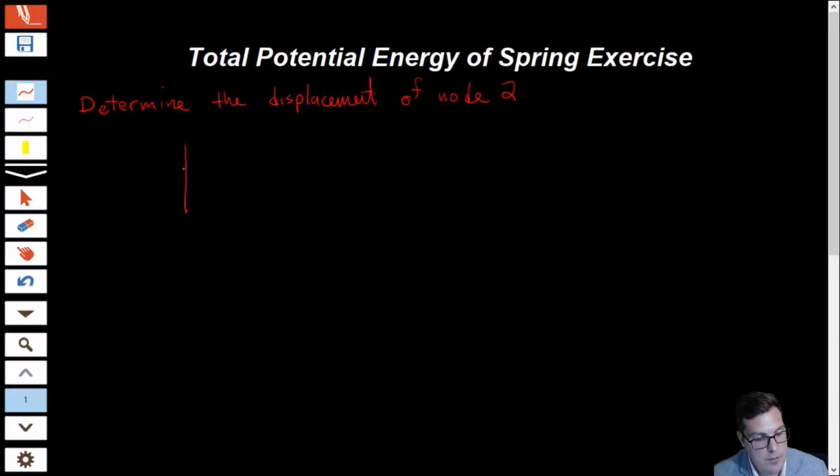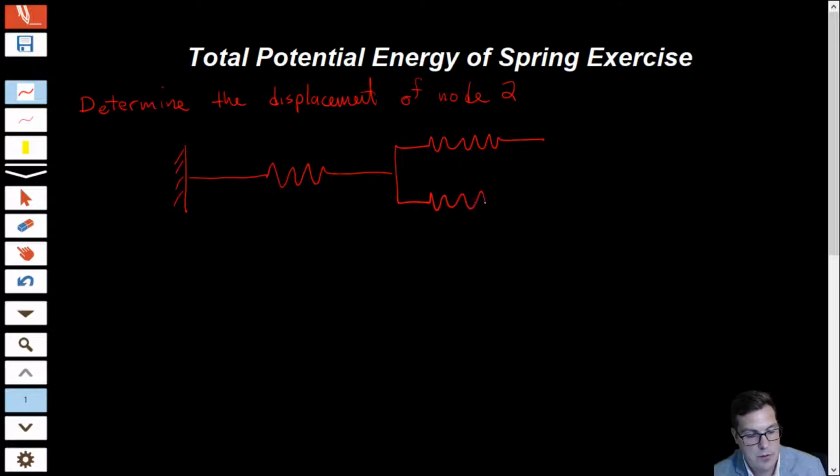And our problem, we have a spring here. Node 2 would be connected to another spring in parallel with another spring. These are rigidly attached.